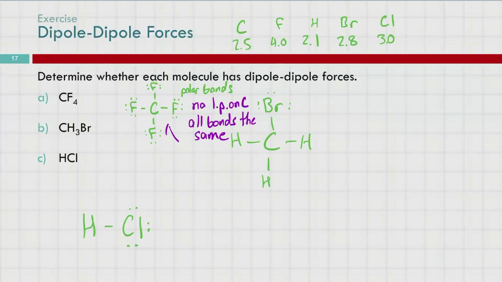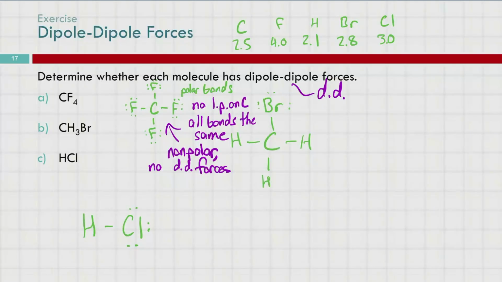So that means that CF4 is nonpolar. Since it's nonpolar, it doesn't have dipole-dipole forces. No designated driver forces. No crafting store forces. So that's CF4.